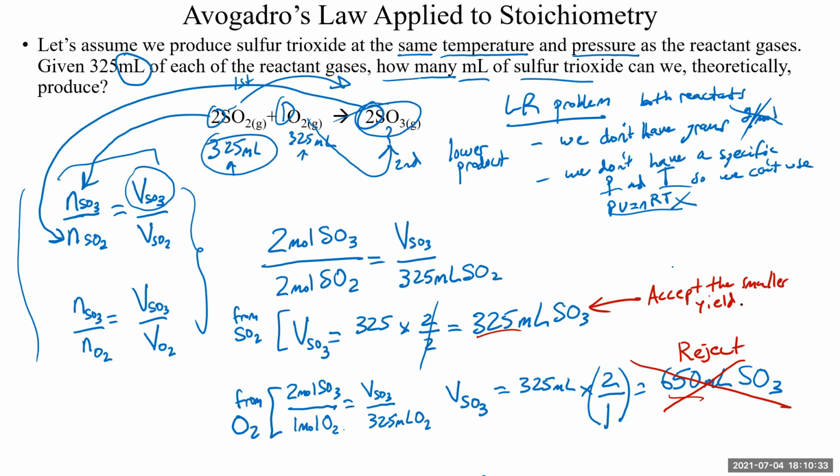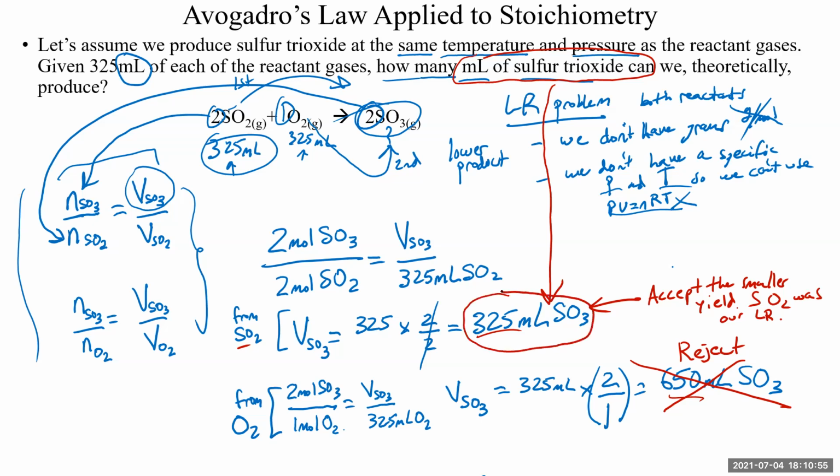So it turns out that sulfur dioxide was our limiting reactant. So 325 milliliters of sulfur trioxide. How many milliliters of sulfur trioxide can we produce? That's our answer. We reject the big number and we take the small number instead.